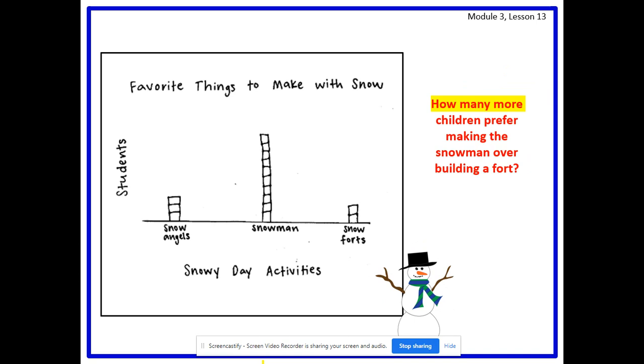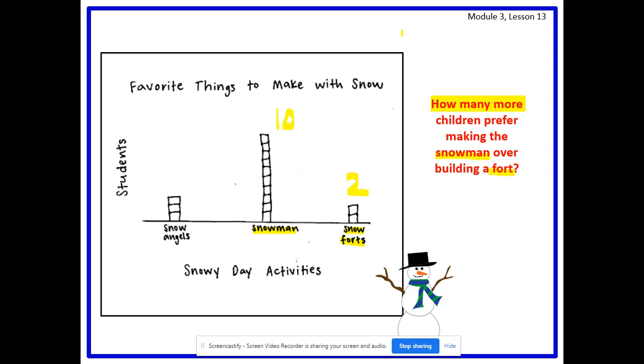Next question. How many more, keyword right there, children prefer making the snowman over building a fort? So first you can see the keyword in yellow. How many more? Which means we're going to subtract. What are we going to do? Yes, subtract, which is minus. So now we need to know what we're looking at. We're only looking at snowmen and snow forts. So we know we have 10 for snowmen and there's only 2 for snow forts.